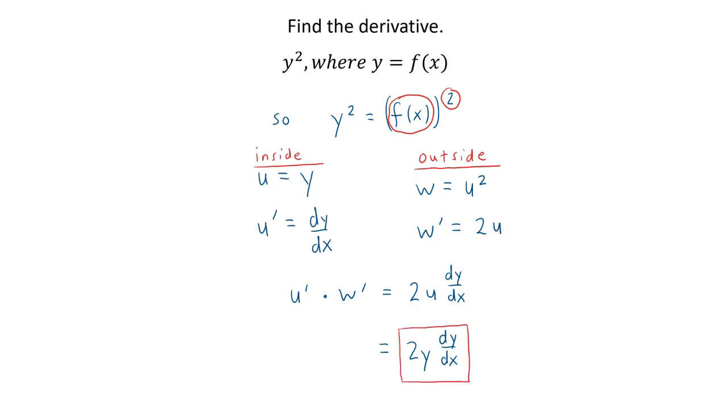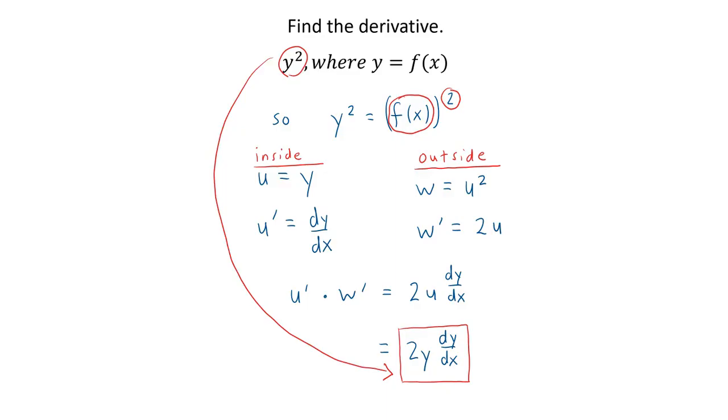Now let's talk about a way to shortcut this whole process. When we're finding the derivative of an equation that is not explicitly defined as y in terms of x, here's an easy way to do it. Notice that 2y is the derivative of our original expression y squared.